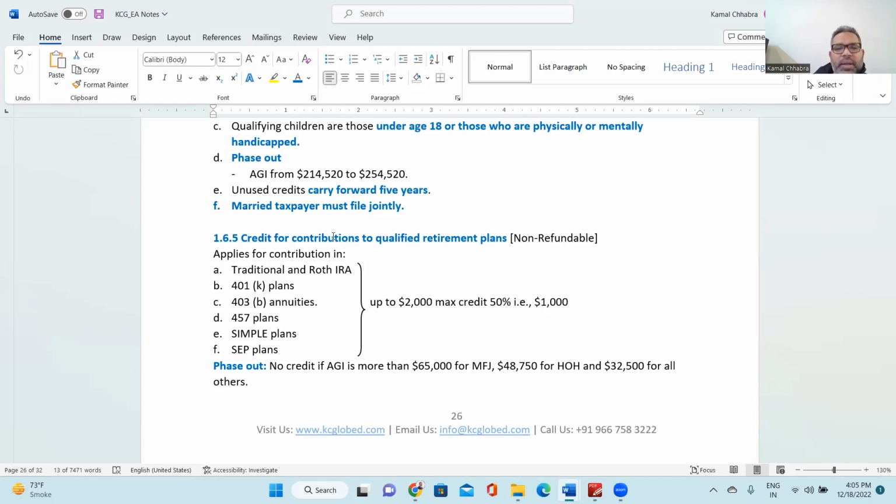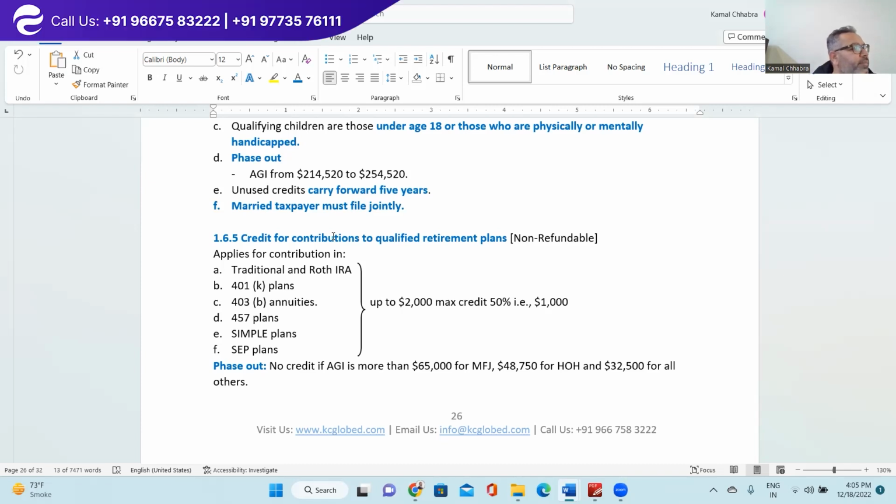So individual retirement accounts or traditional IRA, Roth IRA, 401k plan where employer do some contribution, employee do some contribution. 403 plan also where employer do some contribution, employee also do contribution. 457 simple plan or SEP plan is majorly for self-employed people who do like how in India we have PPF, right? What is PPF? Any idea? Public Provident Fund, right? Public Provident Fund, where we do the direct contribution, no employer contribution is there, right?